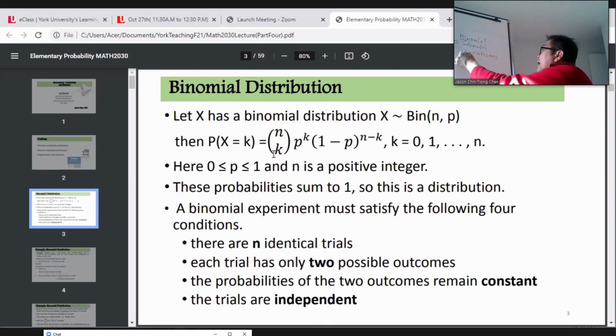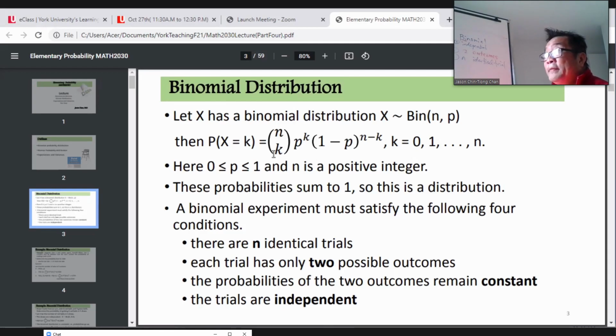So they call it an identical try. So it had to be identical. You have to use the same coin. If it is a different coin, maybe it is not a fair coin, maybe head is 60%, tail is 40%. So it has to be the identical try.